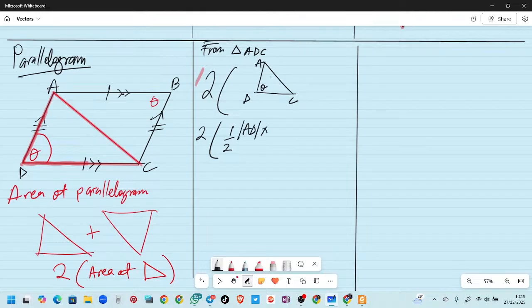Times the distance DC, sine theta. Are you getting it? Now you see that 2 and half will cancel each other. Then it eventually becomes AD times DC sine theta. So this becomes the area of the parallelogram.